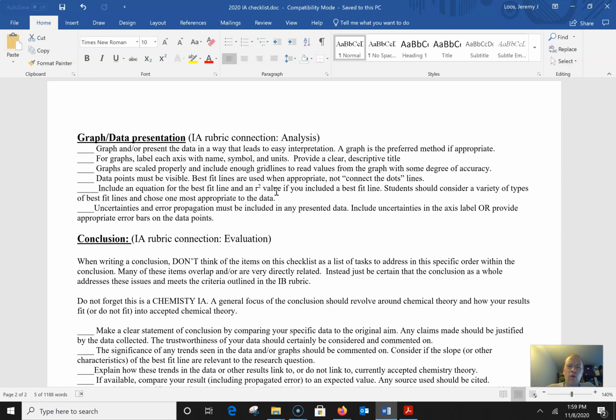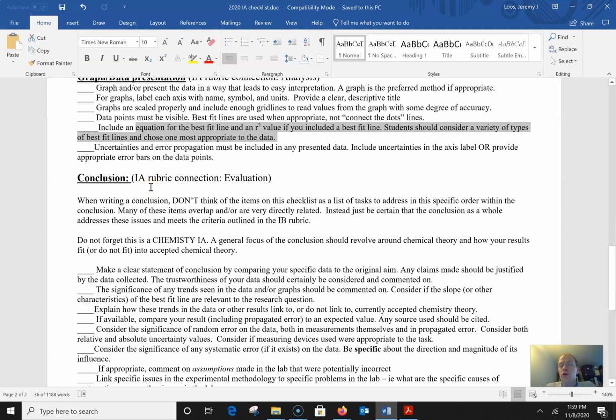But again, we know a lot already about how to make a graph. You should have things scaled properly, a title, units, of course. We talked last year, it's been a minute, about R-squared values and things like that. You could consider other types of trend lines other than a linear trend line, and this is why I think LoggerPro, that software that I mentioned earlier that you might want to get, offers some really great analysis options when it comes to graphs.